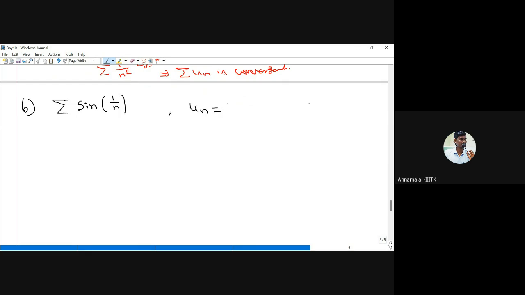It is sine 1 by n. Can anyone tell the value of this, as you studied in school days or in your class, sine x by x as x goes to 0? What is the value? It's 1, absolutely, sir. Yes, 1.